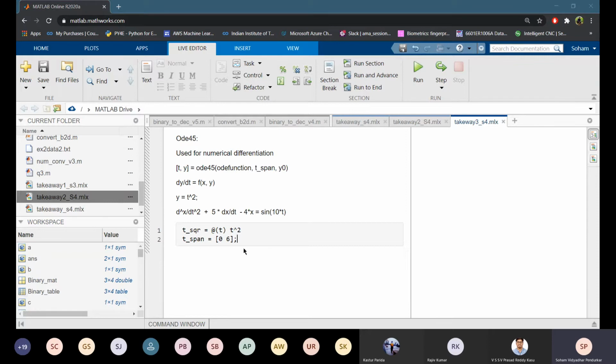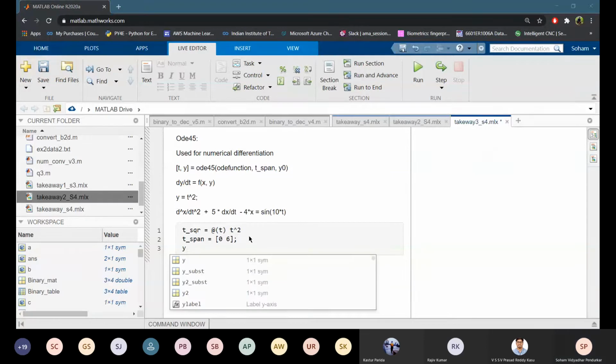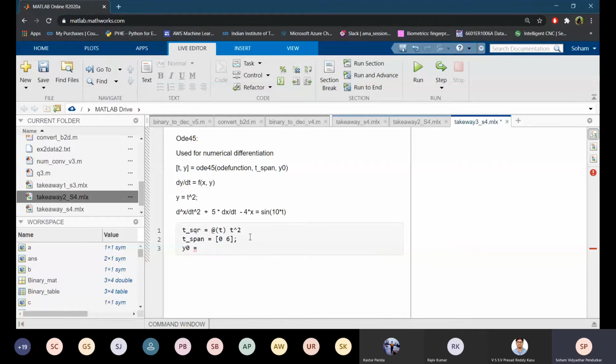Again the same thing I'll do: I'll create a variable y0 is equal to 0.